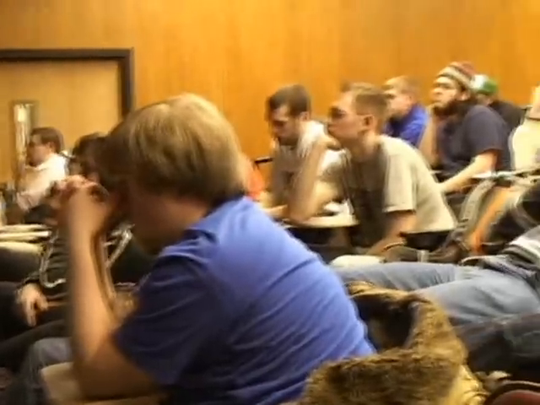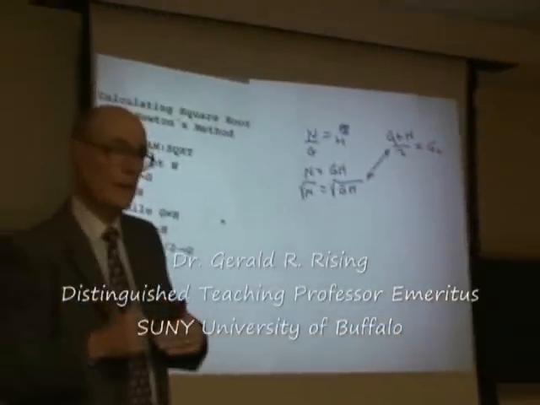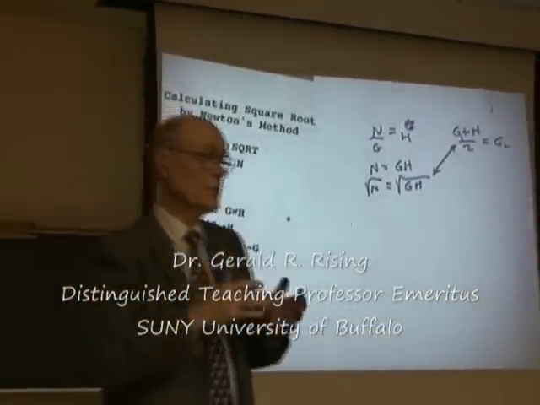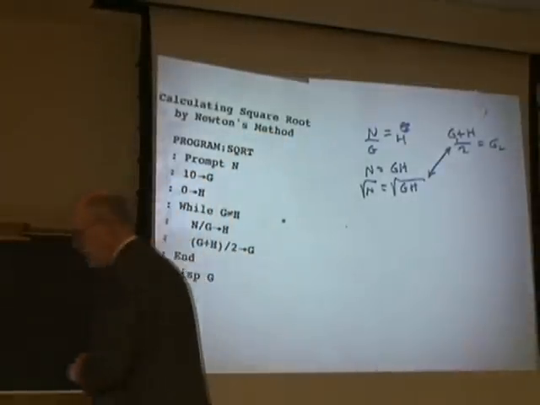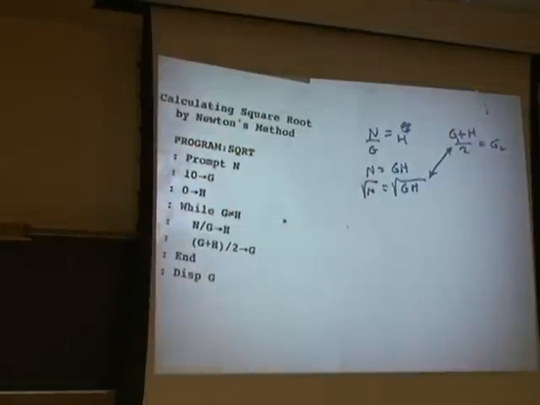What does that mean? First of all, it means that the next step, the second guess, has got to be greater than the square root of n, right? Because the arithmetic mean is greater than the geometric mean, and the geometric mean is equal to the square root of n.